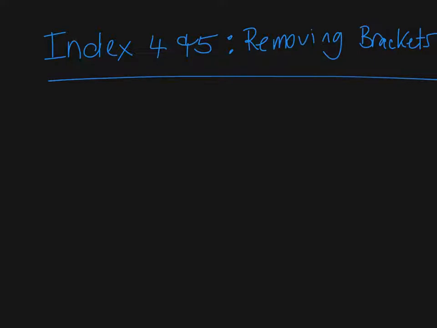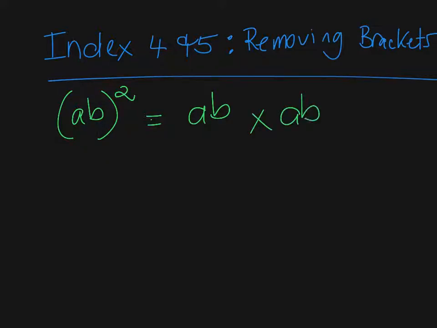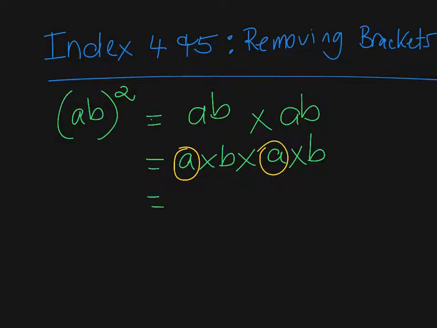Okay, so for example, let's have bracket a, b, close bracket to the power of 2. Now, if we were expanding this, we've done this many times, it would be AB multiplied by AB. If we further expand, this is what we're seeing: A multiplied by B, multiplied by A, multiplied by B. So when we simplify this, there are 2 A's and 2 B's.